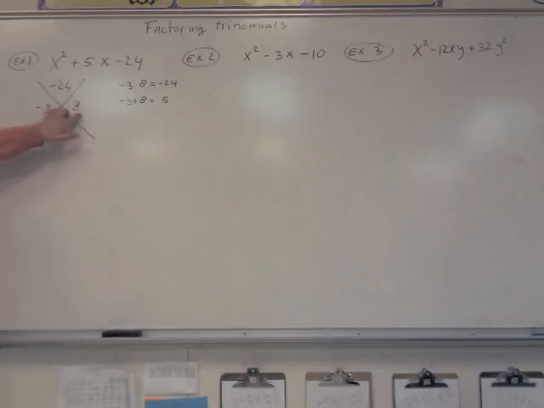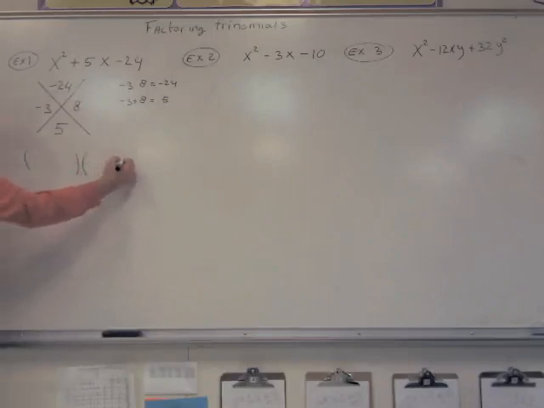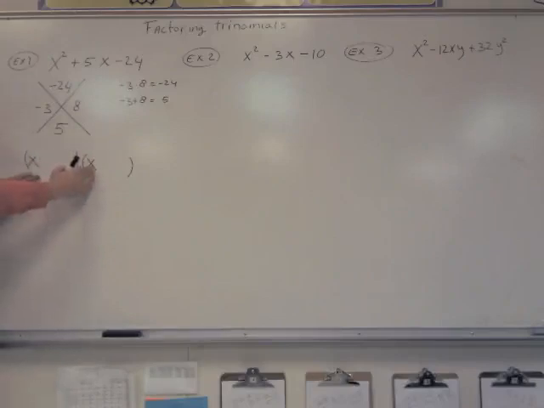So now we found the negative 3 and the 8. With this, we're going to write our two binomials that I'm going to multiply, and it will give me the same trinomial. The first term is an x squared, so I'm going to start with an x here and an x there, because when I multiply this x times that x, my first term after multiplication becomes the x squared.